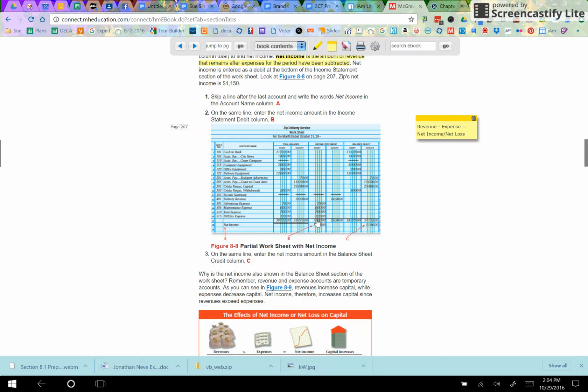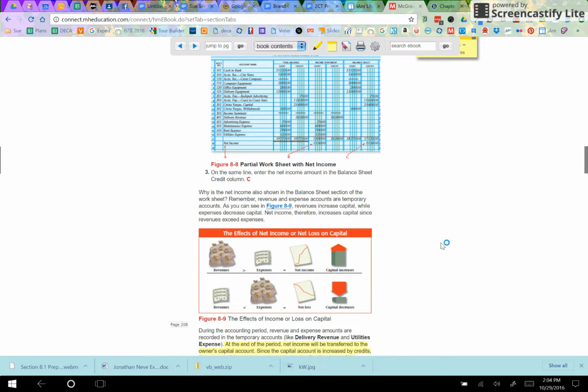And we hope that that is a positive number. And if it is, we write that number here under the debit side of the income statement. And then we write the same number under the credit side of the balance sheet.